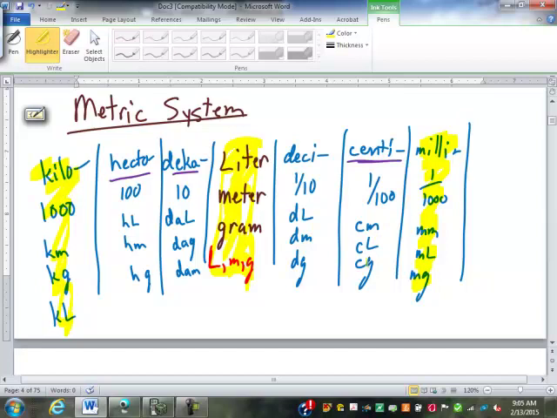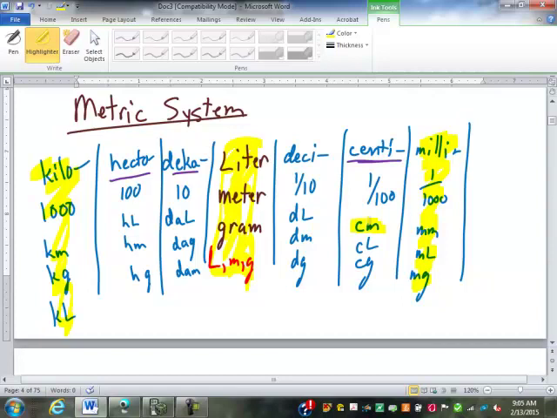Now in the United States, the centimeter caught on because we were so ingrained on using an inch. The centimeter is the closest metric unit to an inch, so it caught on in the United States. It did not catch on so much in other countries. Most of the countries that use the metric system as their main unit of measure use the millimeter over the centimeter. So really it's the main unit, the kilo units, and the milli units that get used the most in practice.